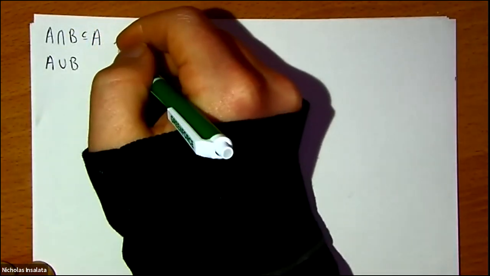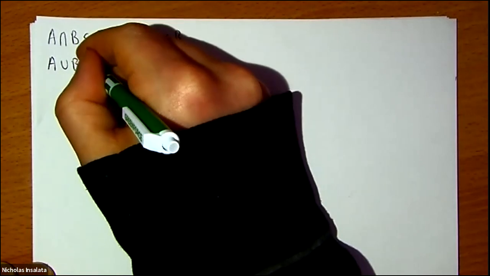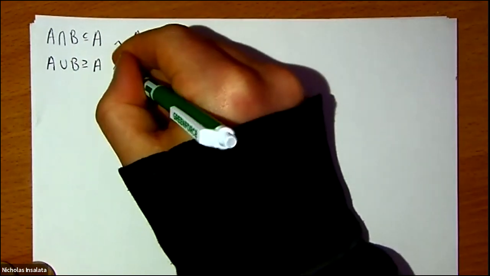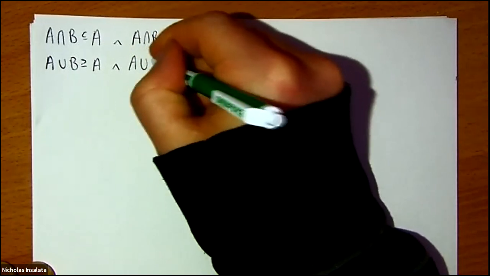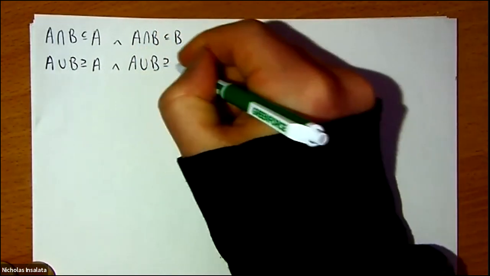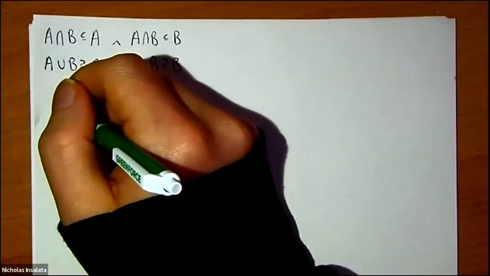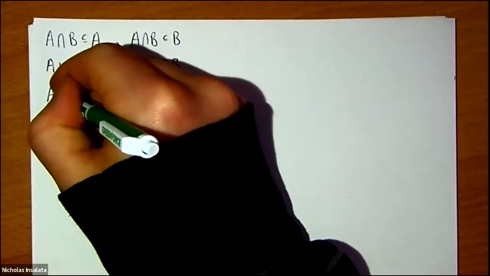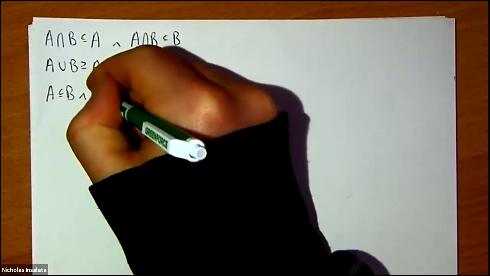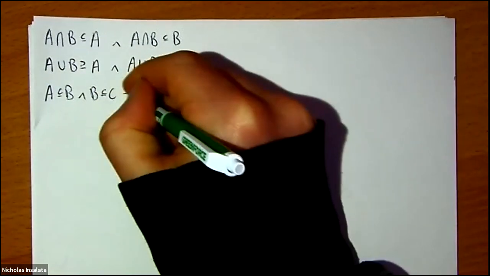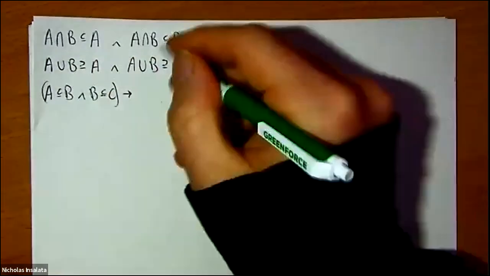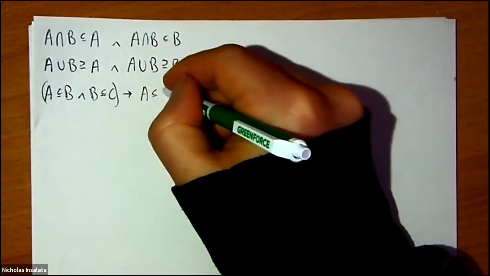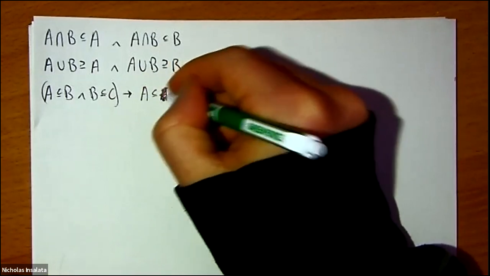A union B contains A, and A union B contains B. And finally, the transitive property, which actually I think somebody mentioned already: A is contained in B and B is contained in C implies that A is contained in C.